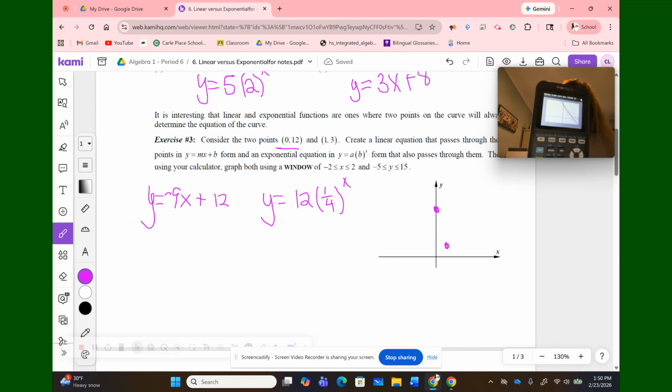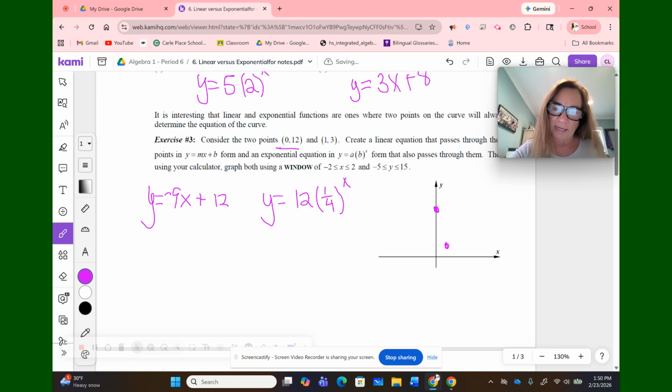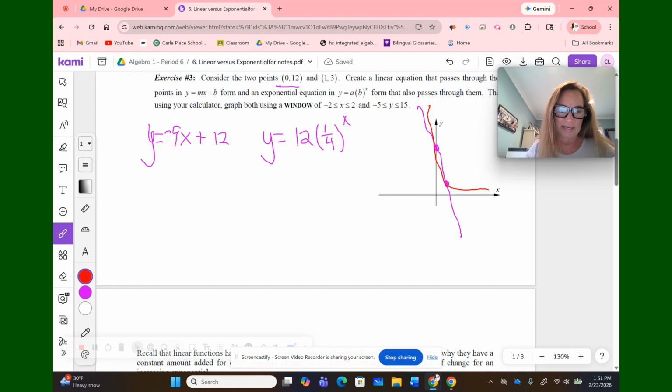Oh, yeah, that's a pretty good picture. So that's what your graph would look like. Okay. So this is a line, and I had that in blue. And then the other one that I had in red was this curve. All right, not the greatest pictures, but you get the idea.